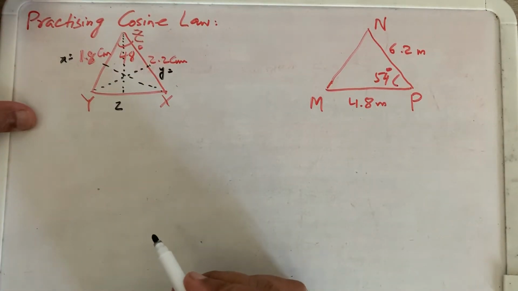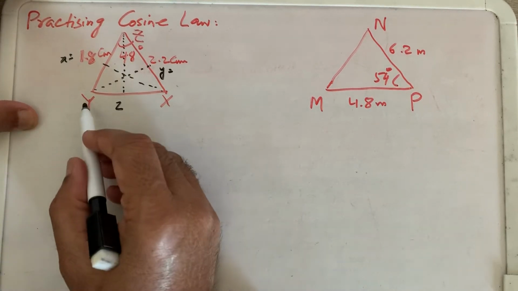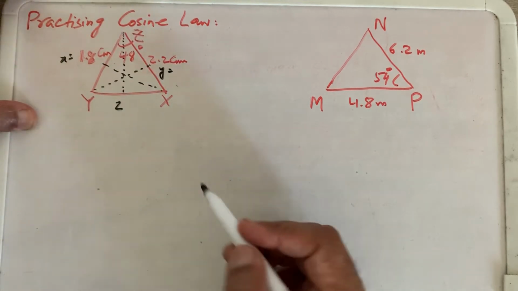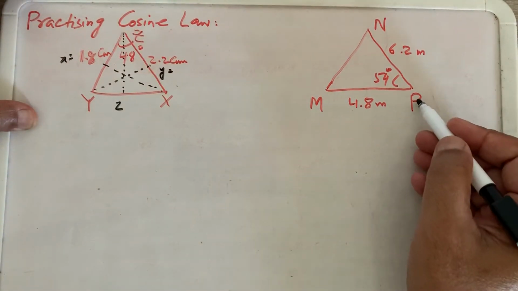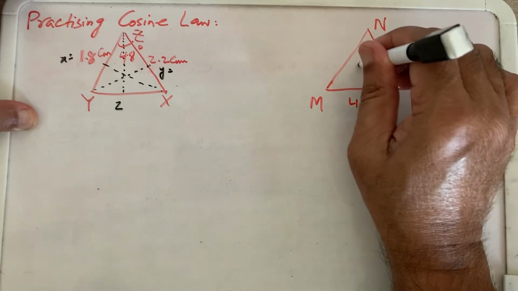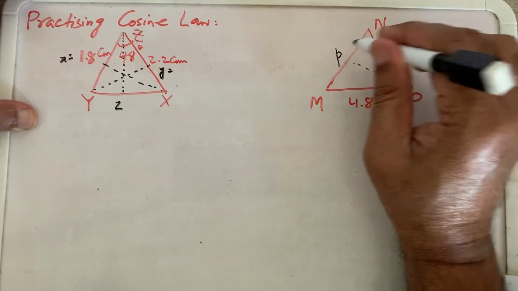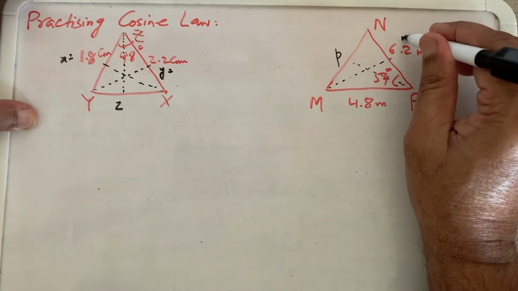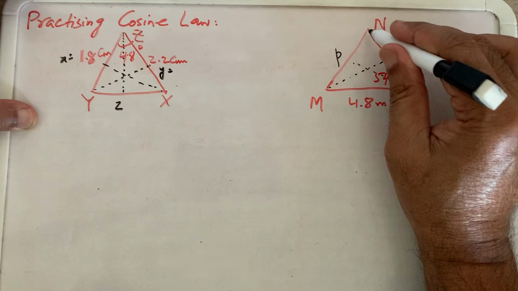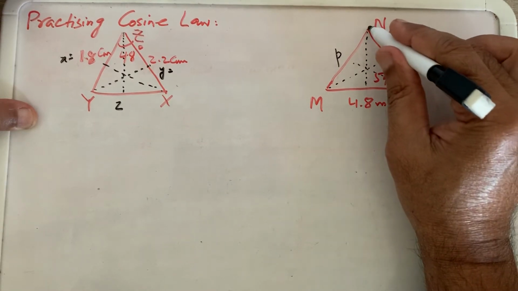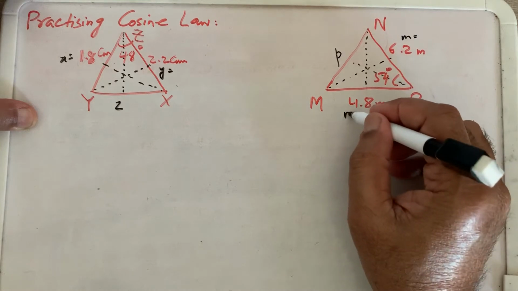So we have to do this for each and every triangle because the capital letters are representing the vertices or the angles. Here also, this is capital P, so the side in front of the angle P will be small p. The side in front of M will be called small m, and the side in front of the vertex or the point N will be small n.